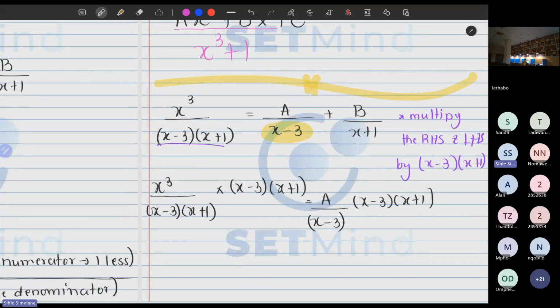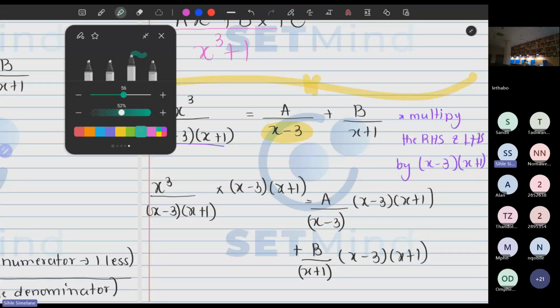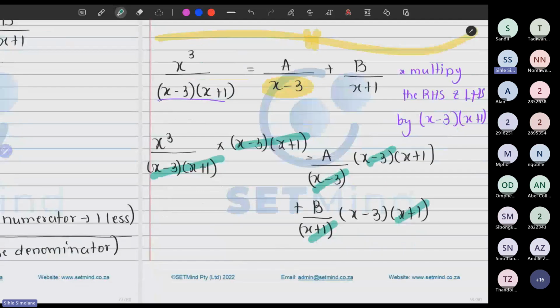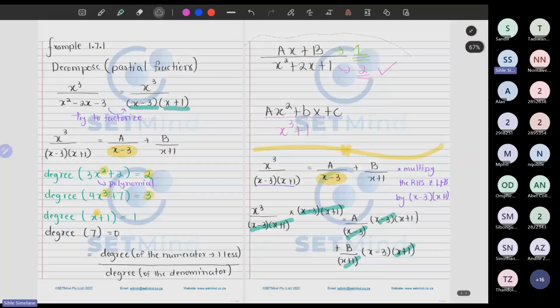And then when we go to the b part, which is over x plus 1, we will multiply with the same thing, x minus 3, x plus 1. So essentially, you will see that there are things which are canceling here. All of that will cancel that. This will cancel that. This will cancel that. So that what we have when we look at the right-hand side and the left-hand side, try and make some space here.